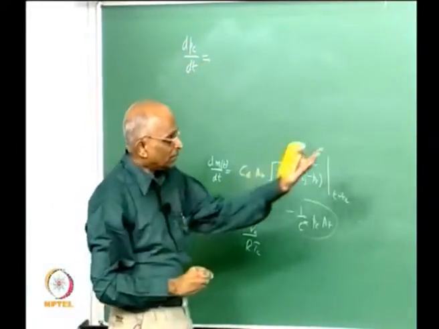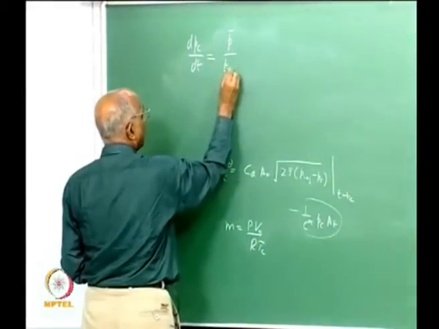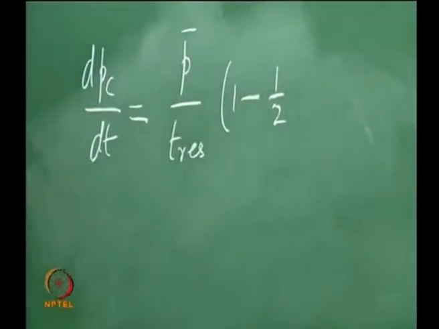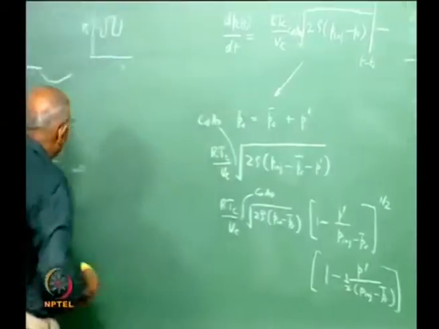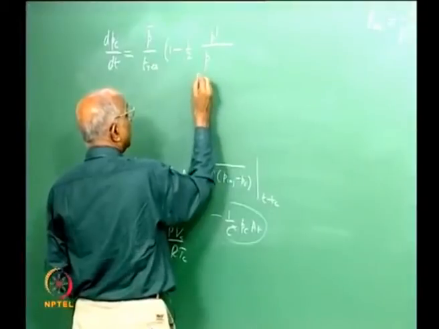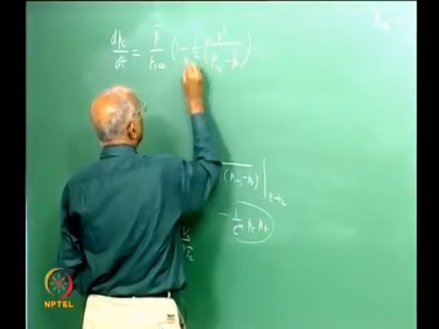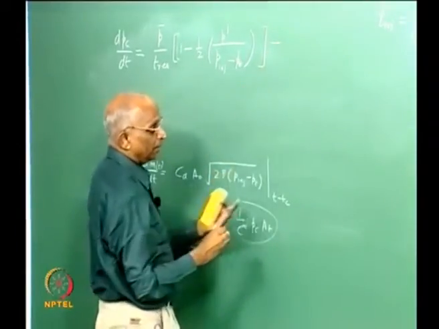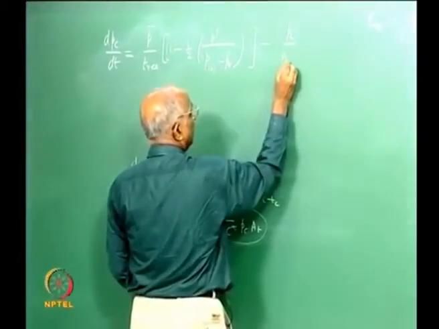as equal to, let us put that down, I get the value of P bar by T residence into 1 minus half of, I get the value over here as the pressure perturbation divided by this 1 minus half into pressure perturbation divided by the pressure of injection minus the steady value over here, minus the value corresponding to the last term, which we call it as PC by T residence.